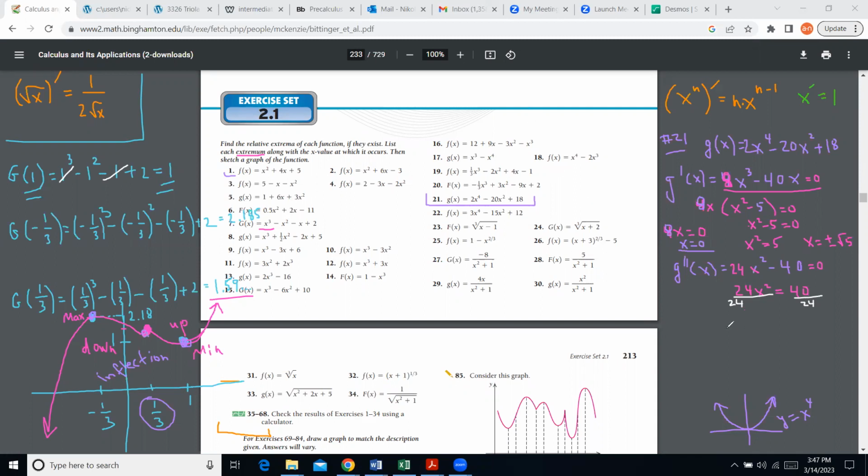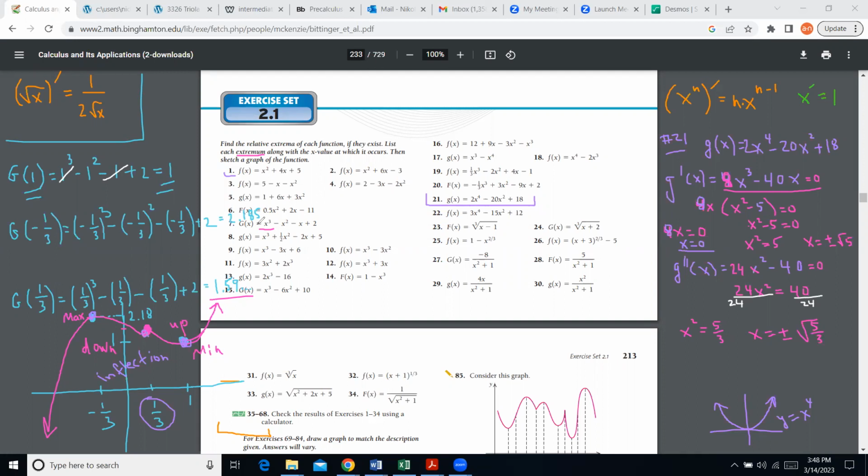I can reduce them by 8, right? So x squared will be 5/3, looks like. Okay, so x is equal to plus minus square root of 5/3. Can you imagine there are 5 numbers that I need to work with?